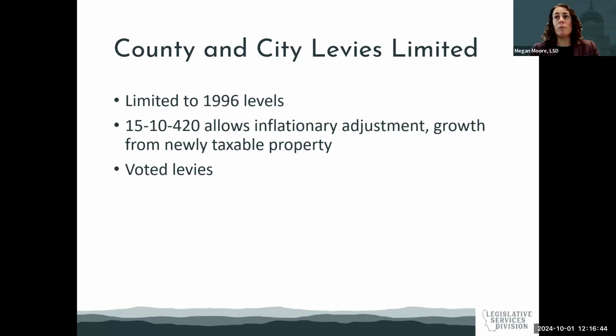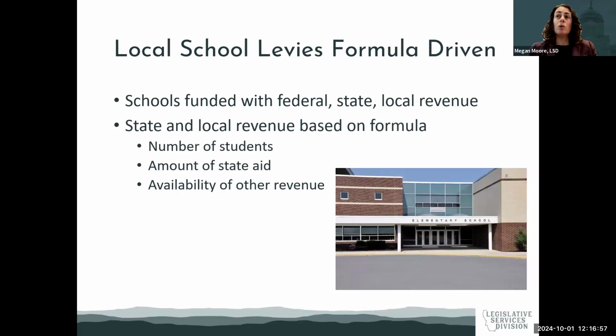So if you want to learn more about that, come back to that one. The other thing is counties and cities can also levy voted levies to raise more than their limited amount. On the local school district side, schools are funded with federal, state, and local revenue, and the school district levies are driven by formula.